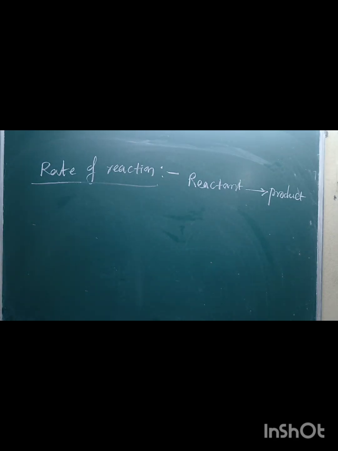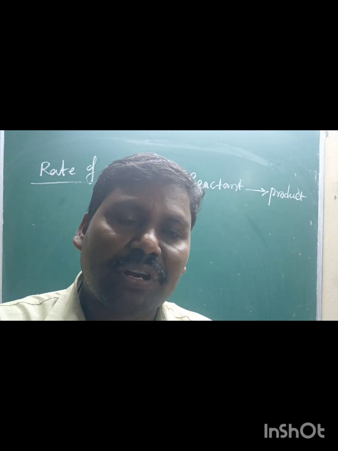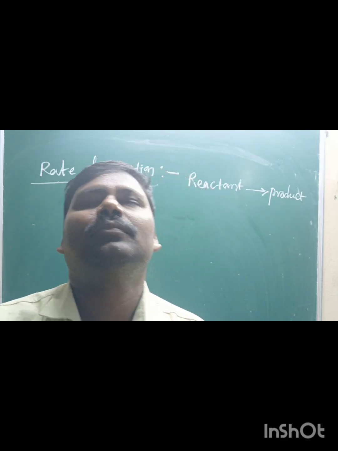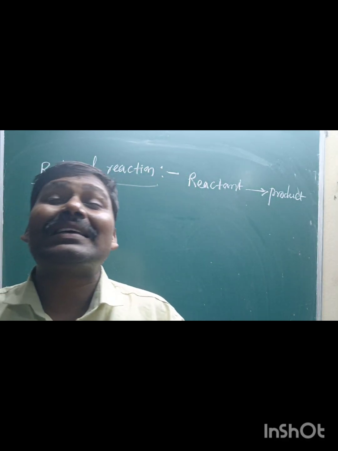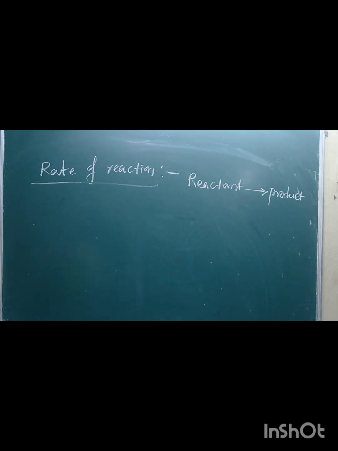The rate of reaction is defined as the decrease in the concentration of reactant per unit time, or increase in the concentration of product per unit time. This is called the rate of reaction.